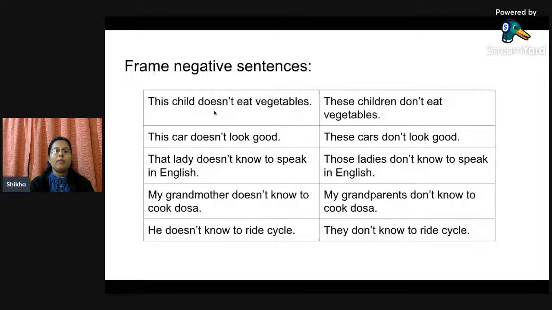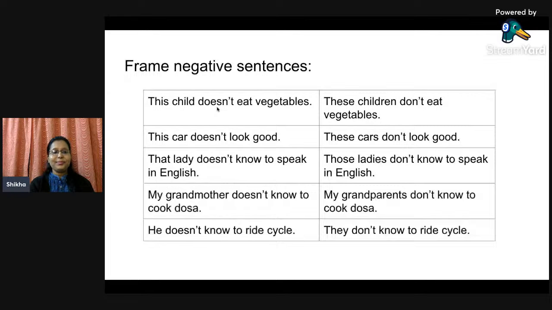In the same way, when we are framing the same sentence in plural form, these children do not eat vegetables. So when we are talking about a single noun, we are using does not or doesn't, and when we are talking about a plural noun, we are using do not or don't.